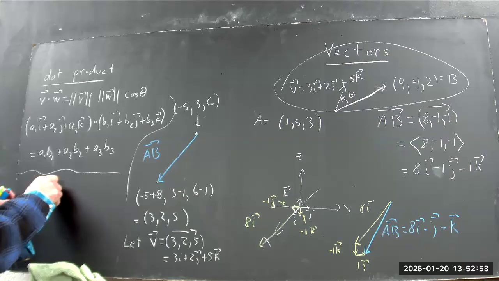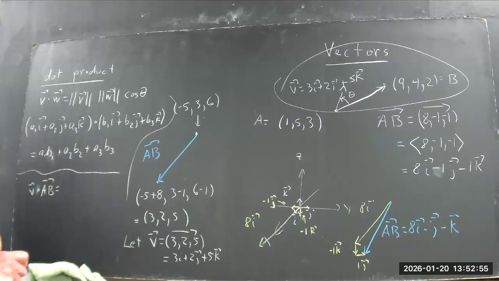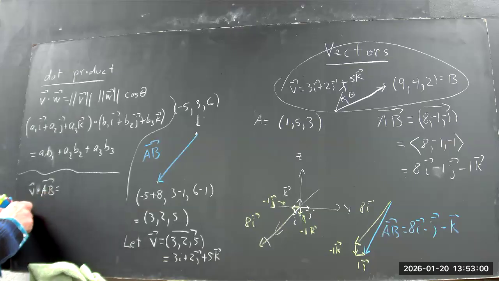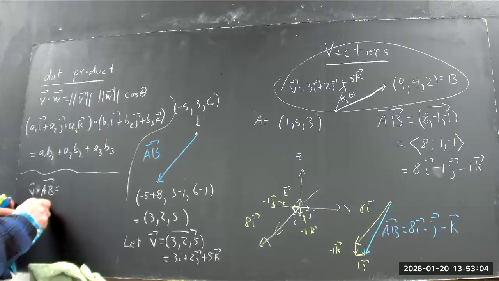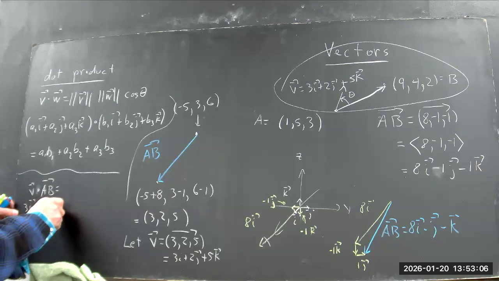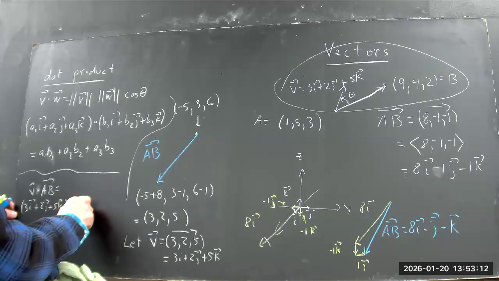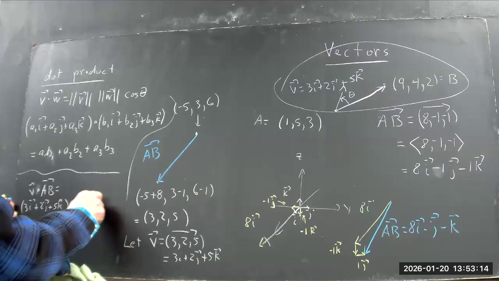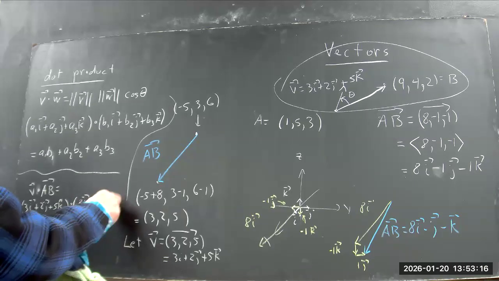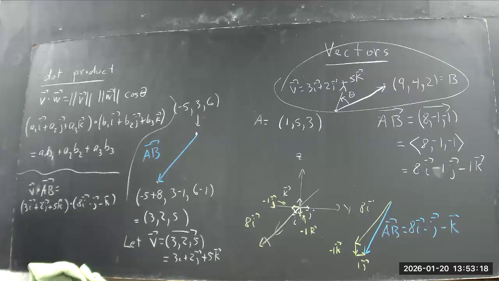Okay, so our vector V dotted with the vector AB is what? I don't have room to write it on that line, but there it is. Now, what's the dot product?